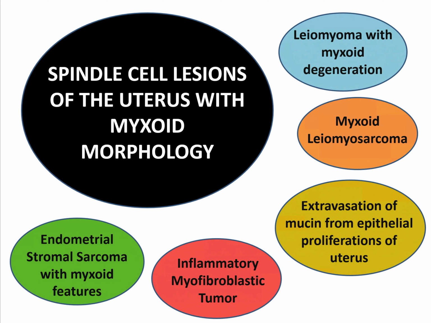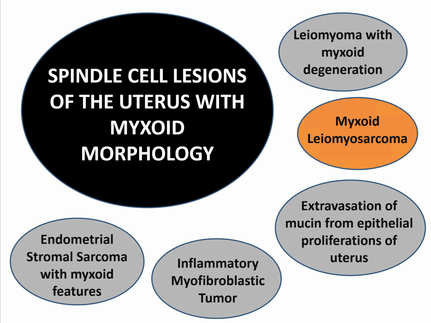So these are the 5 things that would pop into my mind for this differential diagnosis, although there are probably others. These are the ones that I thought were probably most likely. Leiomyoma with myxoid degeneration, myxoid leiomyosarcoma, extravasation of mucin from an epithelial proliferation of the uterus, inflammatory myofibroblastic tumor, and then endometrial stromal sarcoma with myxoid features.